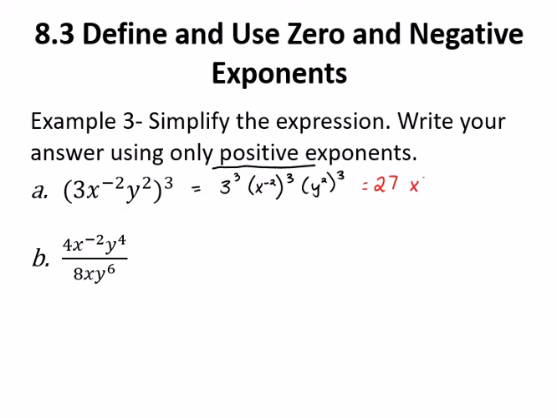Then you get x to the negative 6th by multiplying those exponents with power to power, and y to the 6th. But it does say without negative exponents. They want positive exponents only. So 27 y to the 6th over x to the 6th is going to be your final answer. Alright, why don't you go ahead and see what you can do with the next example in part B.